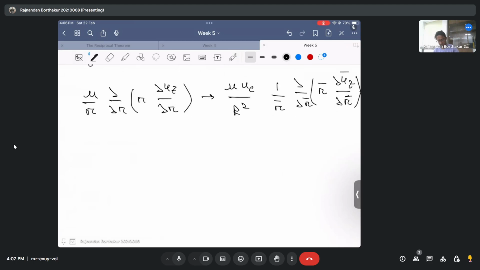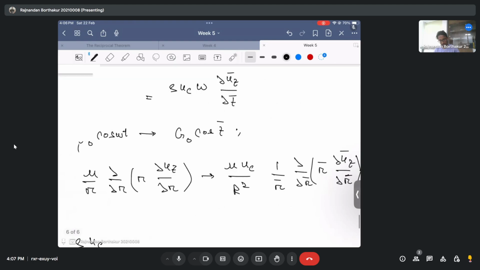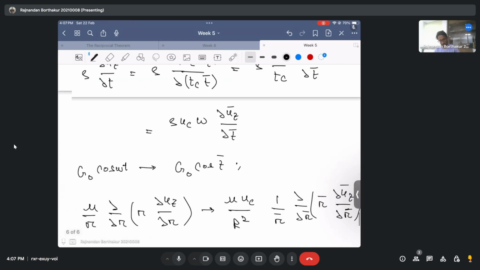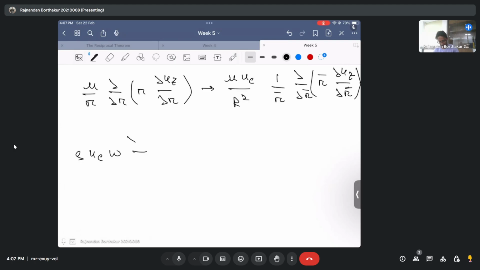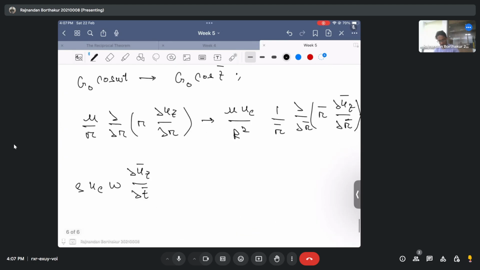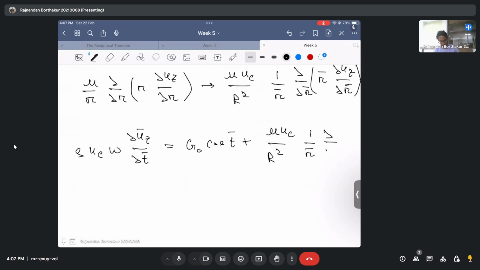It turns out to be mu times uc by tc, where tc is just omega, times del uz bar by del t bar, and then we have the terms on the right hand side, which is g naught times cos of t bar plus mu uc by r squared times 1 by r bar del r bar of r bar times del uz bar by del r bar.